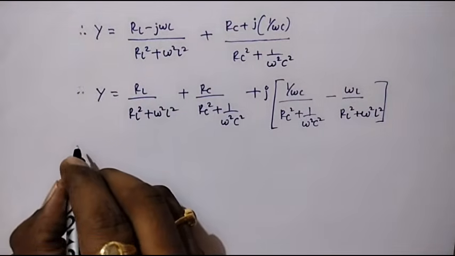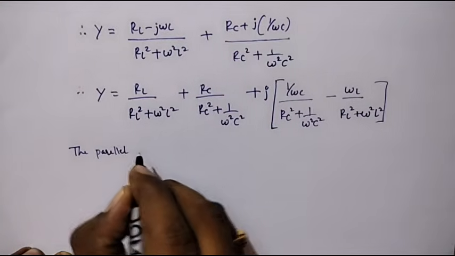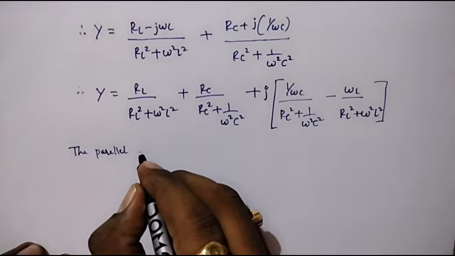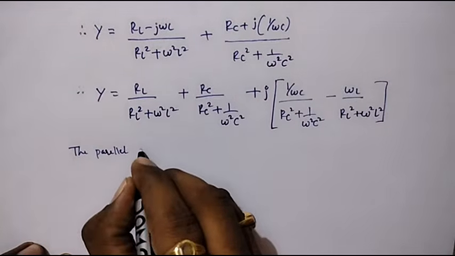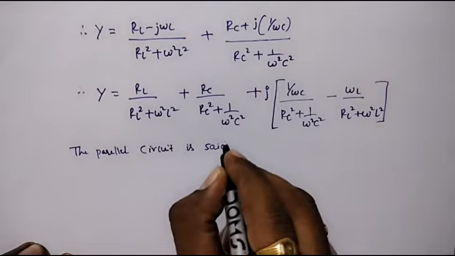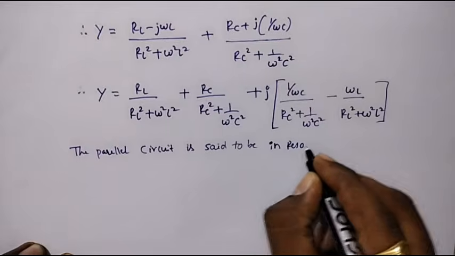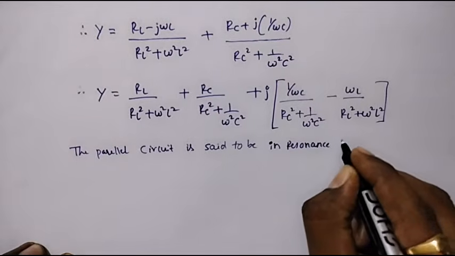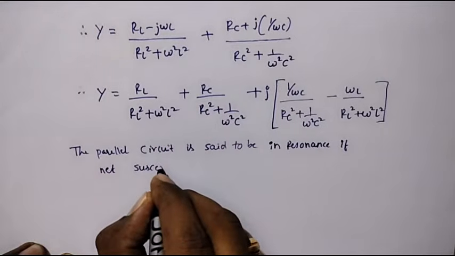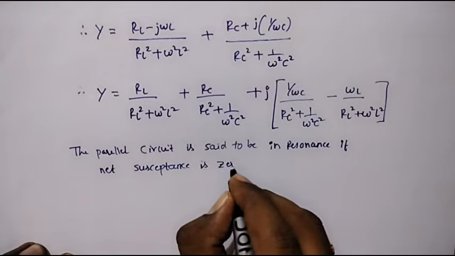Now the condition is the parallel circuit is said to be in resonance if the net susceptance is 0.